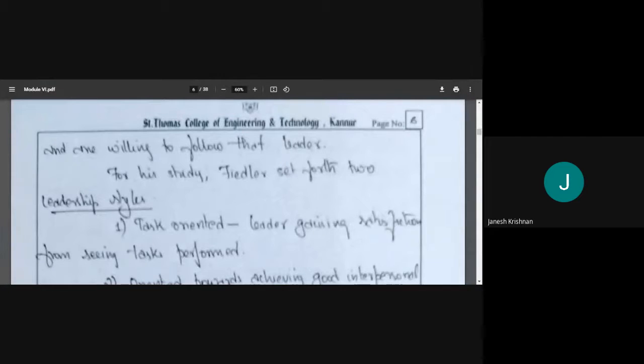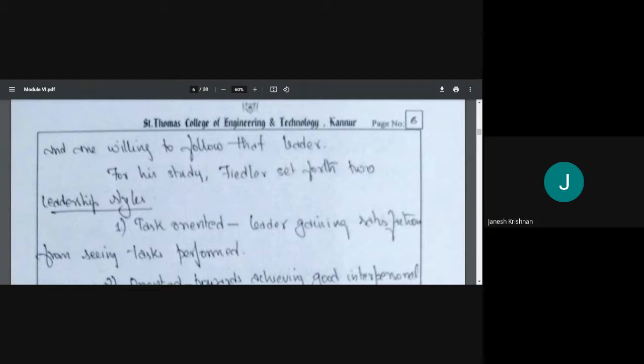The third one is leader-member relations. According to Fiedler, this is the most important dimension of leadership because it is all up to the leader, the one who cultivates the trust and whether people like him or not. Here his traits come into play.